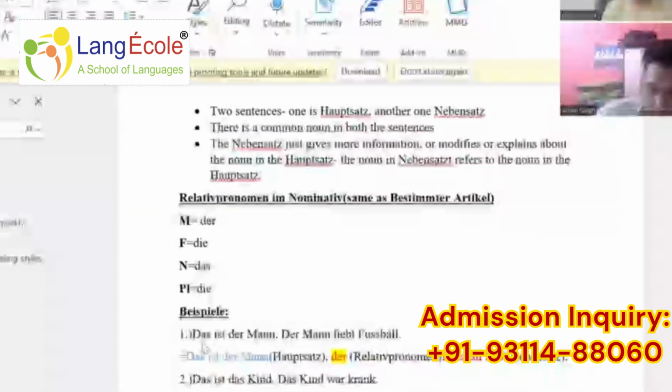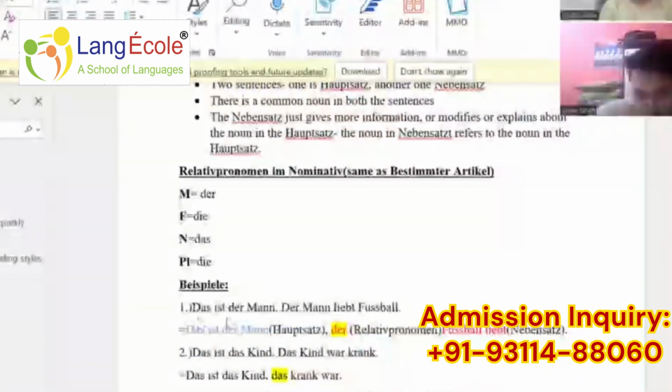For example, as I said, das ist der Mann, der Fußball liebt. This is the man, the man loves football. Now you tell me what is the common noun that we have in the Hauptsatz and in the Nebensatz. Man. Good.